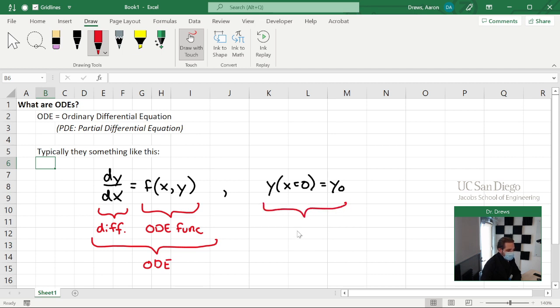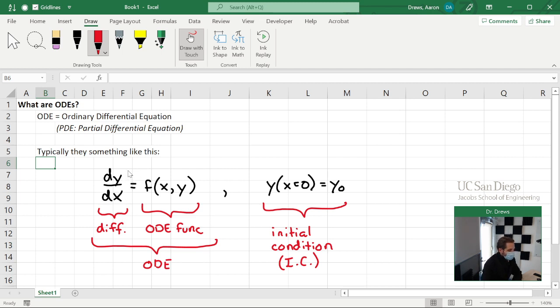This term over here can be split in different ways, but this is usually called your initial condition. And it's called the initial condition even if it doesn't have anything to do with time. So the word initial kind of implies time, but it doesn't have to be a variable of time.